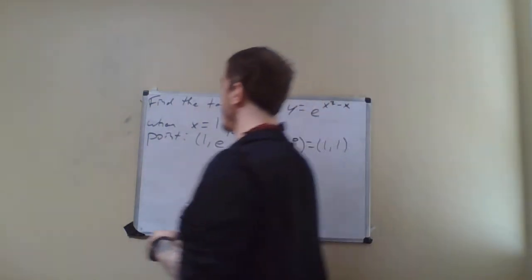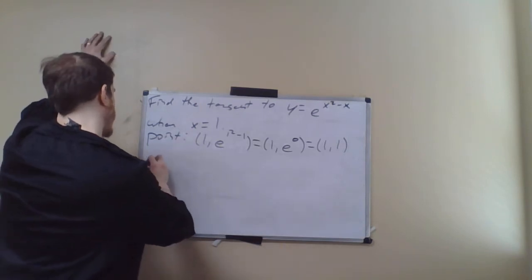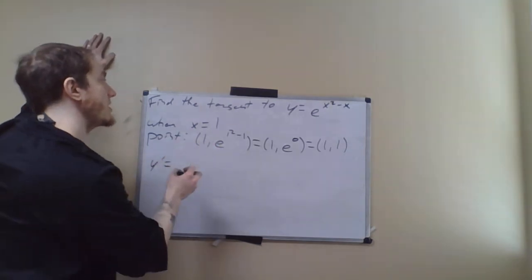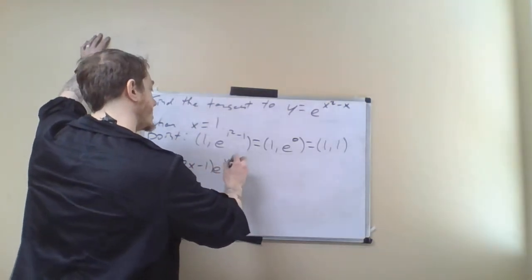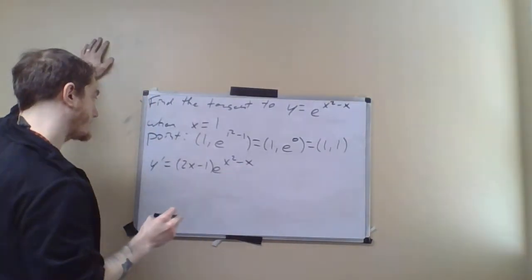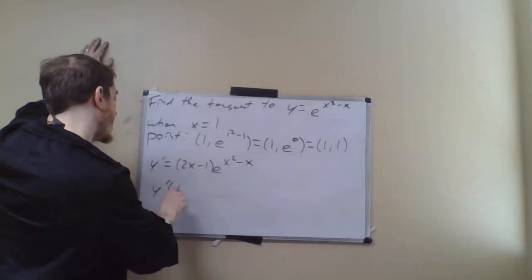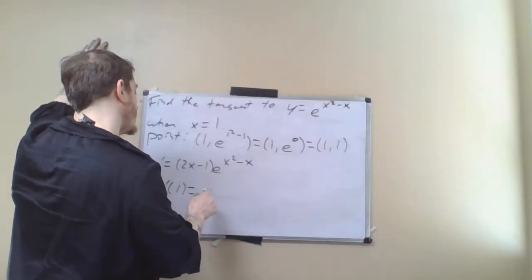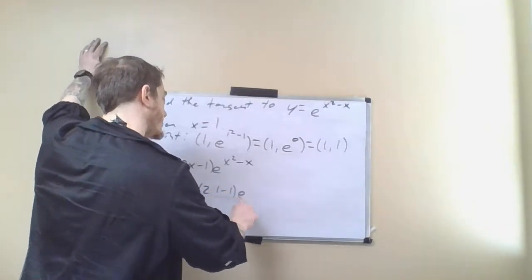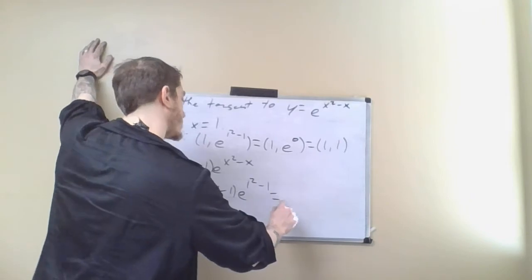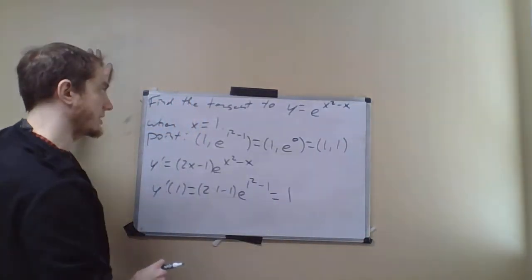The next thing that we can then ask is, what is the slope? To find the slope, we can take the derivative here, and this is going to be 2x minus 1 times e to the x squared minus x. And if I plug in x equals 1, y prime evaluated at 1 is going to be 2 times 1 minus 1 times e to the 1 squared minus 1. And this actually just comes out to be a slope of 1, interestingly enough.